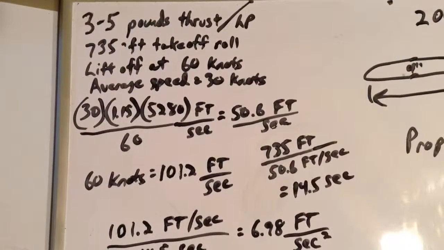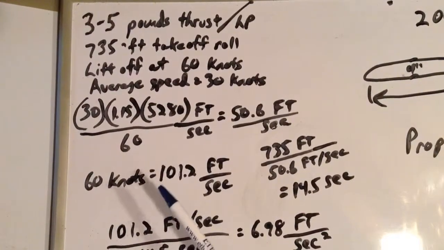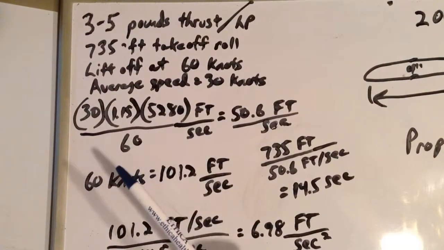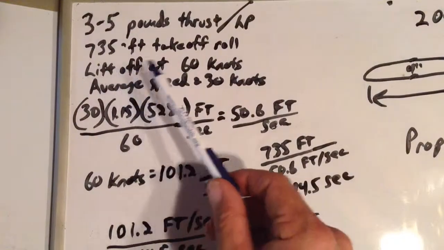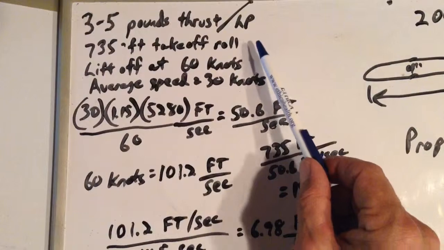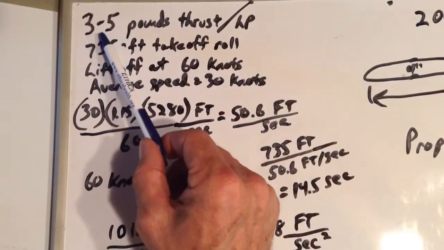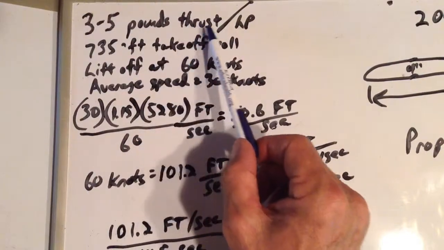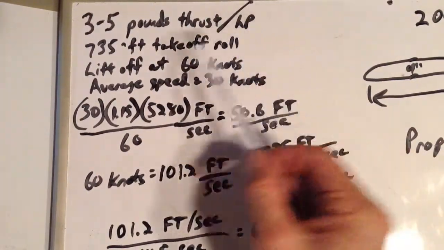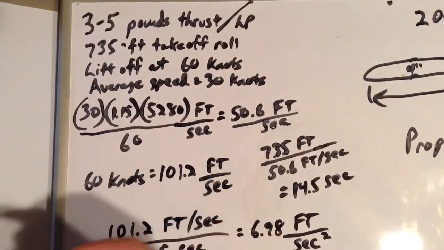This is the end of our calculus lesson, the end of the series, but we've got a couple of minutes left on this video, so I might as well comment on an assumption I made back in part 12 about having 500 pounds of static thrust with a 100 horsepower engine. That's based on the old saying that you get about 3 to 5 pounds of static thrust per horsepower, so 100 horsepower would give you somewhere between 300 and 500 pounds of static thrust.